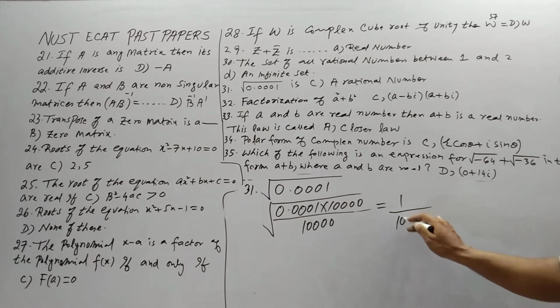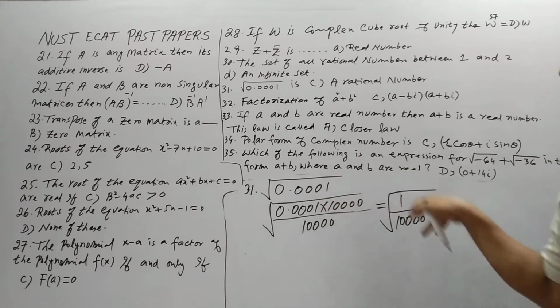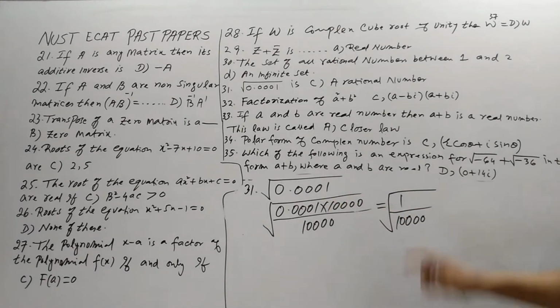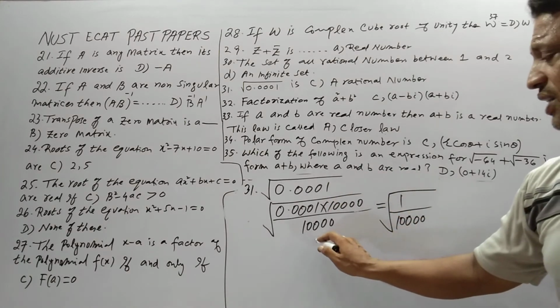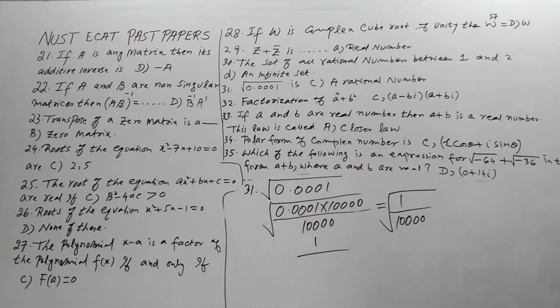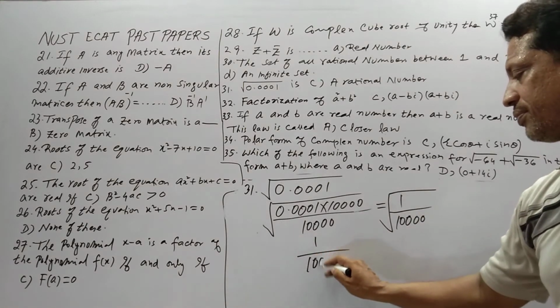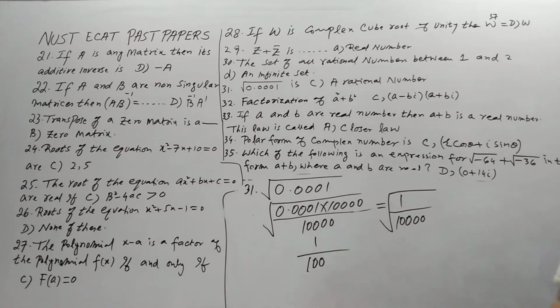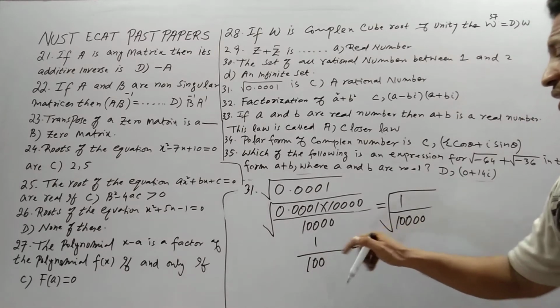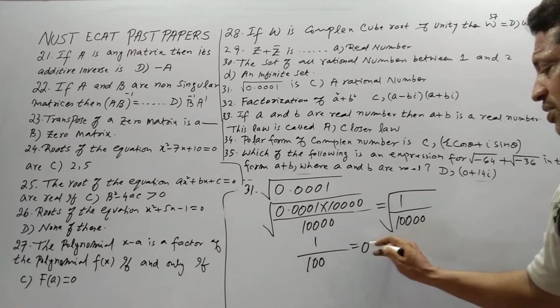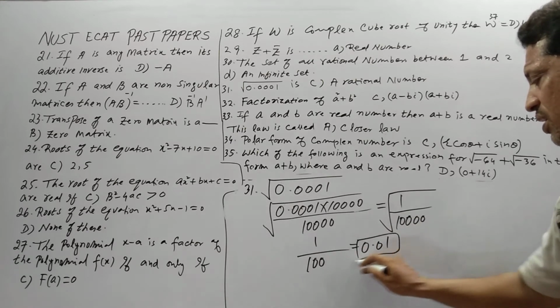Now your answer becomes 1 upon 10,000. Now, the square root of 1 is 1 and the square root of 10,000 is 100, because 100 times 100 is 10,000, and 1 upon 100 is 0.01.